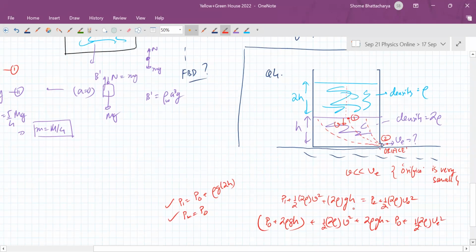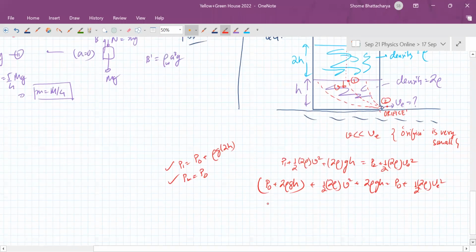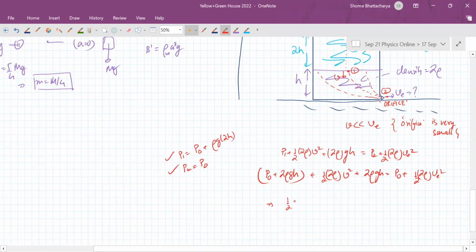So cancelling the common terms and all that, we can see that we'll get half of 2 rho into efflux velocity square minus V square is equal to 4 rho gh. Now we will use the fact that V is negligible compared to efflux velocity.